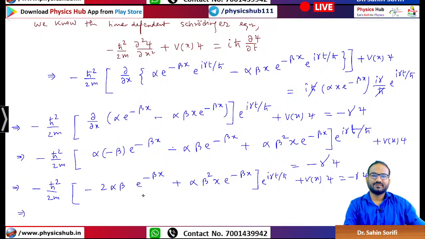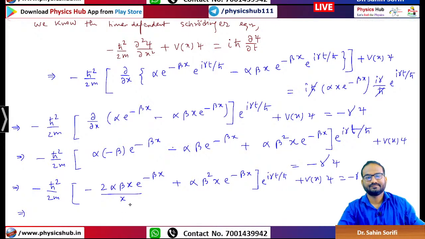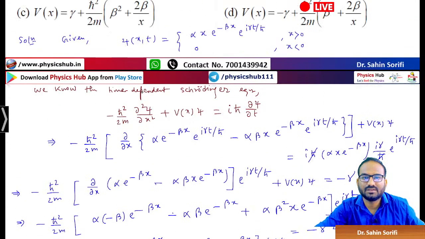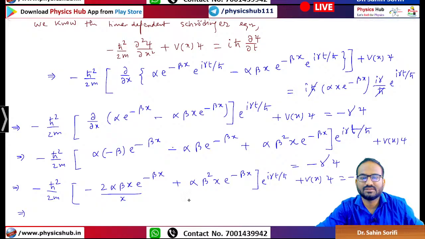Now you see alpha beta x e to the power minus beta x, that is e to the power i gamma t by h cut, that is psi, right? So here x is missing, so if I multiply by x, we have to divide by x, right? Because psi is alpha x e to the power minus beta x, right? So this x was missing, so we have just multiplied by x.